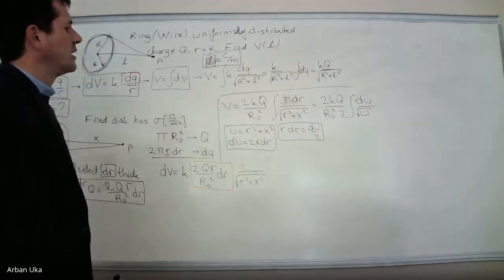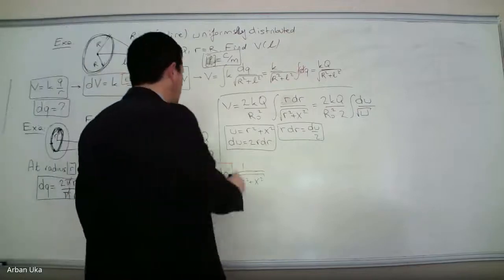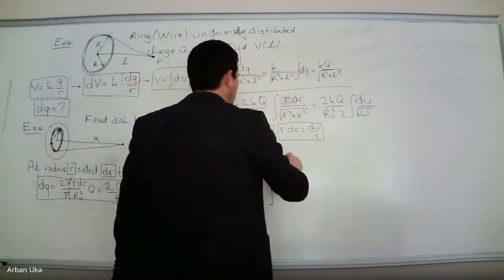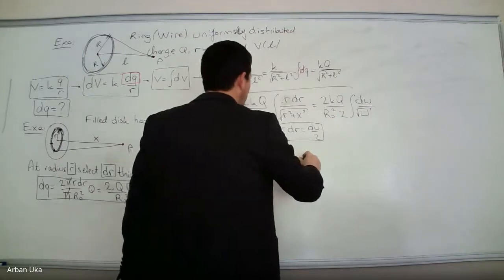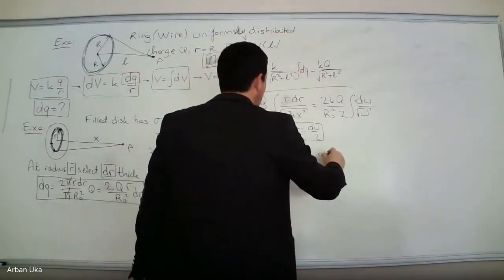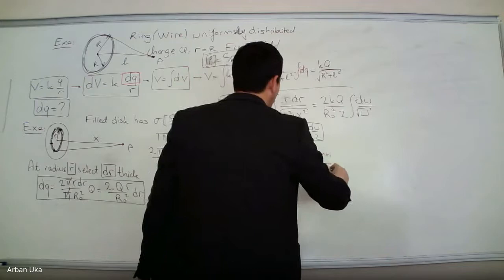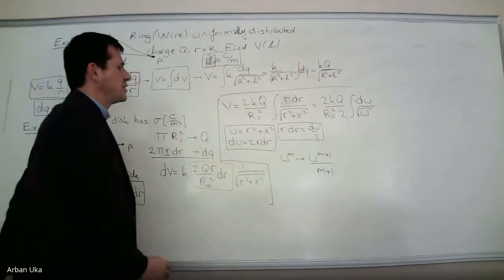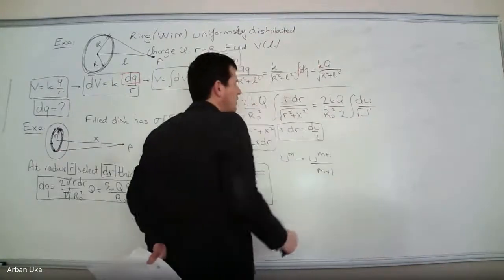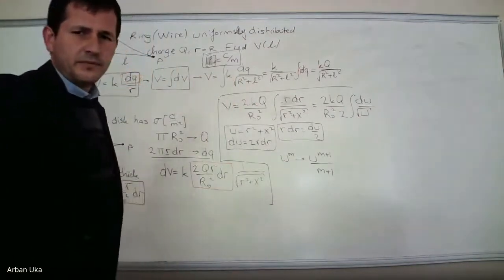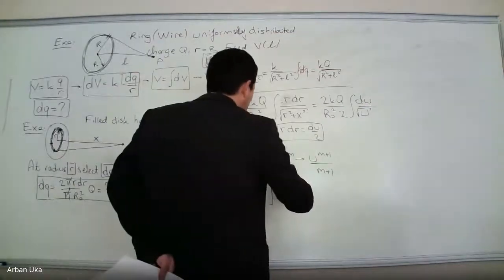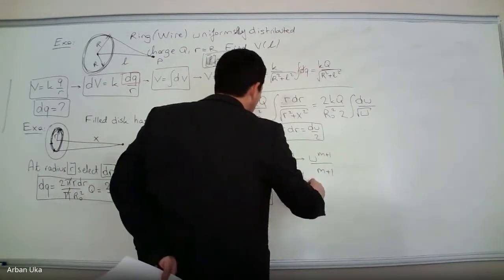And the integral of 1 over the square root of u is equal to what? We know that the integral of u to the power m is u to the power m plus 1 divided by m plus 1, right? Now, m, which is the power of u in this case, is what? Minus 1 over 2.